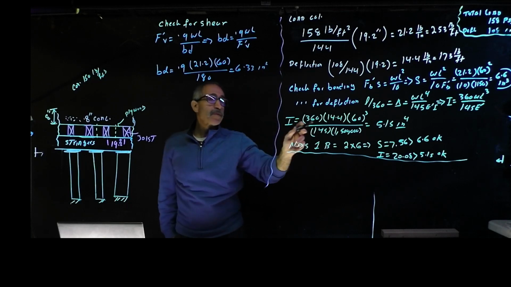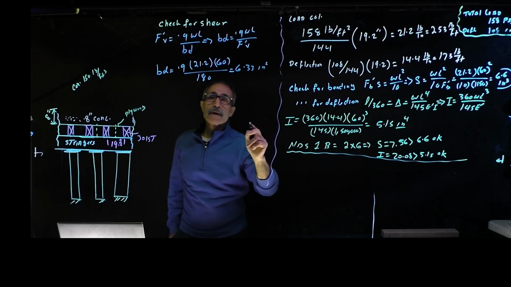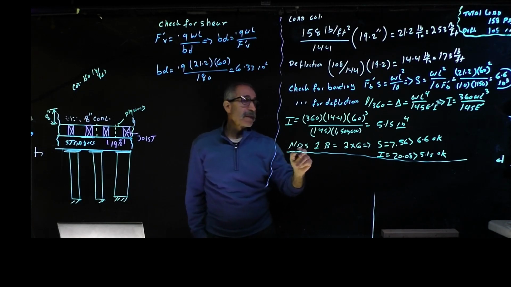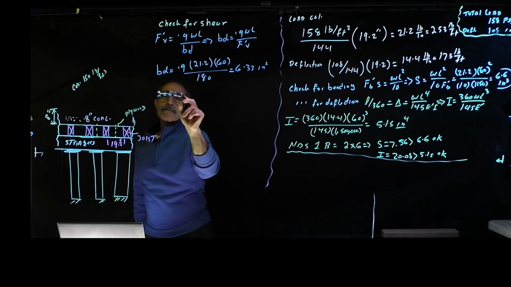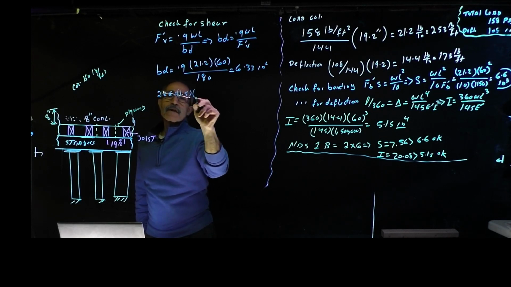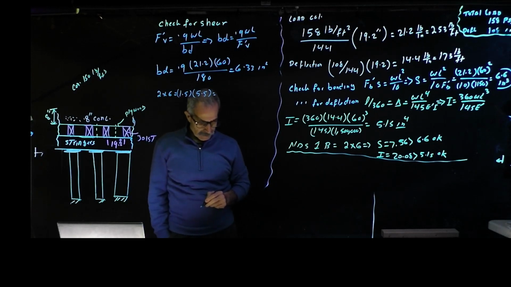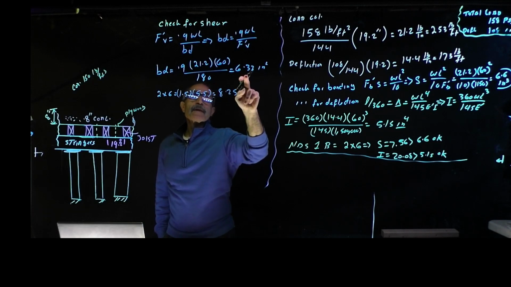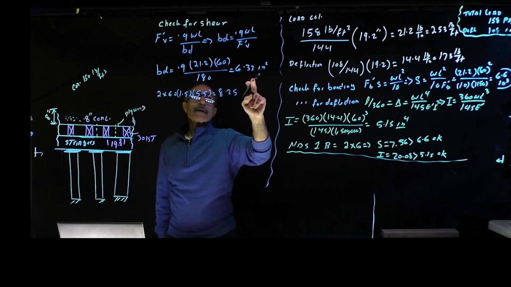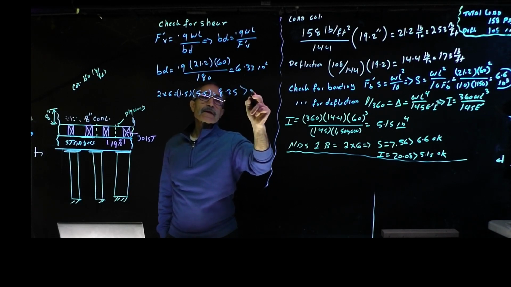The area for a 2x6, per the book, is basically the same as 1.5 inches by 5.5, and that comes out to be 8.25. So this number is less than 8.25.